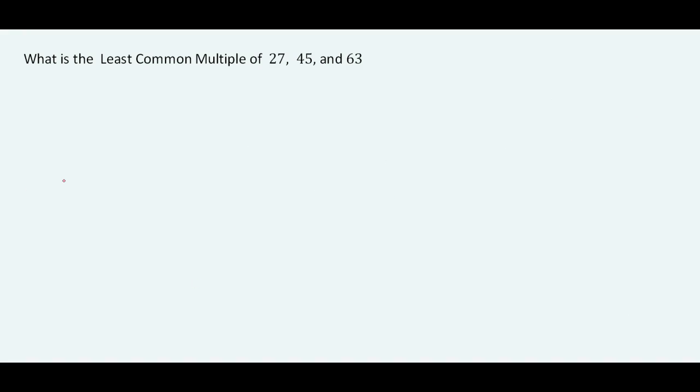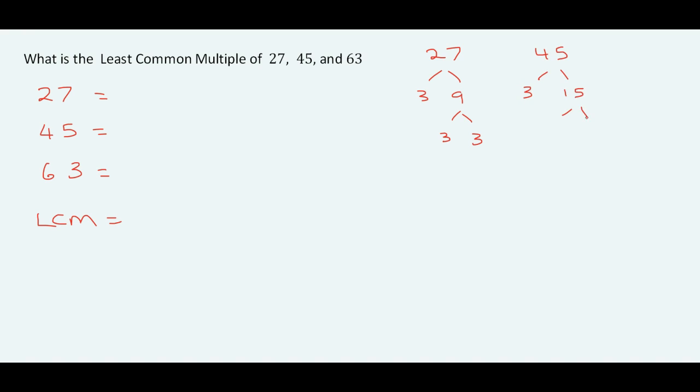Another example: 27, 45, 63. Now we'll look for the LCM. 27, we have 3 and 9. 9, we have 3 and 3. 45, we have 3 and 15, we have 3 and 5, and then 63, we have 3 and 21, 3 and 7.